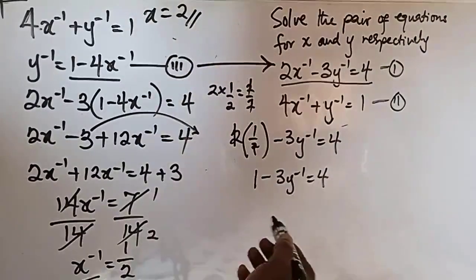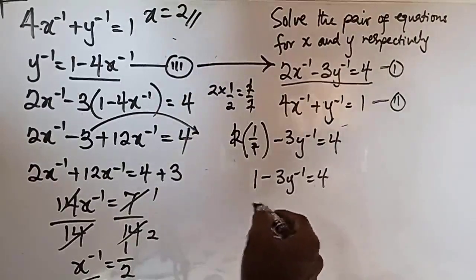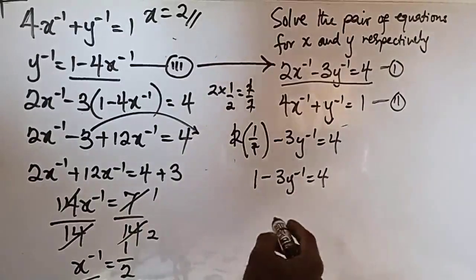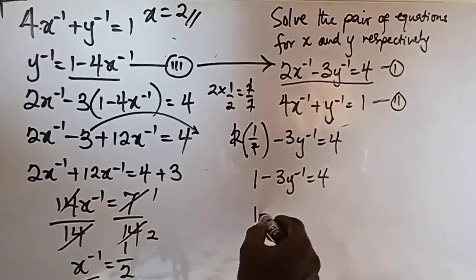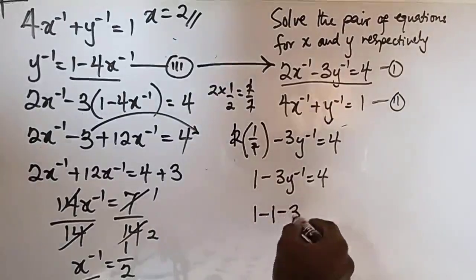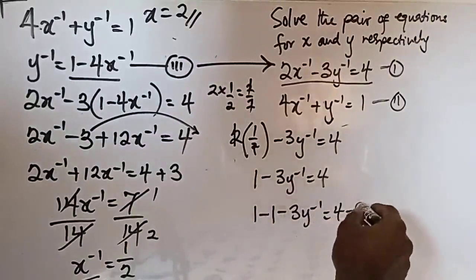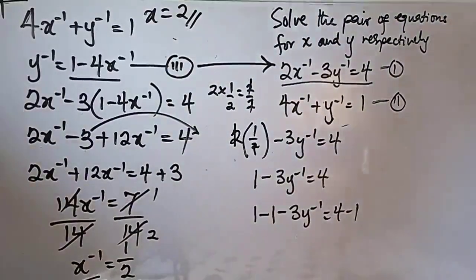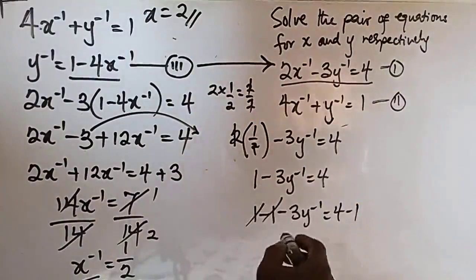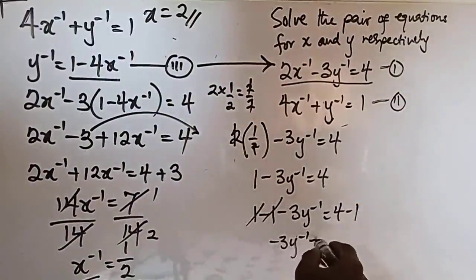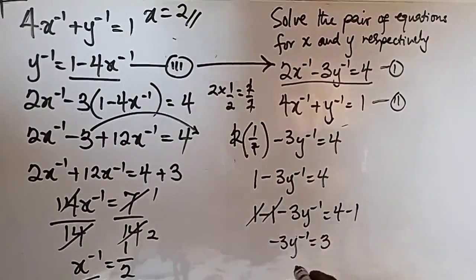Now collect like terms. Subtract 1 from both sides. So here we have 1 minus 1 minus 3y raised to minus 1 equals to 4 minus 1. So this cancels out, we have minus 3y raised to minus 1 equals to 3.